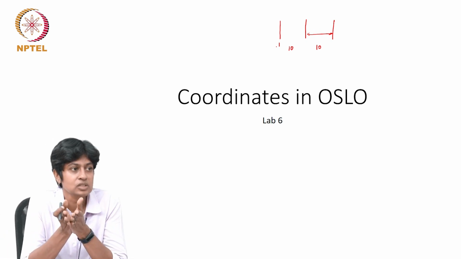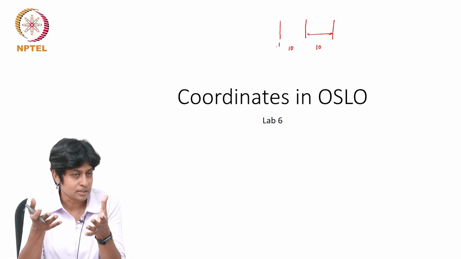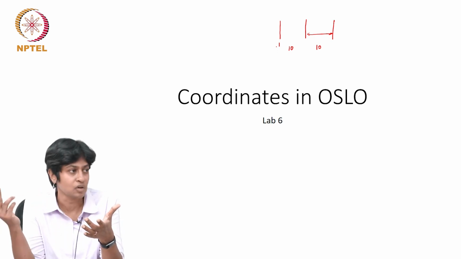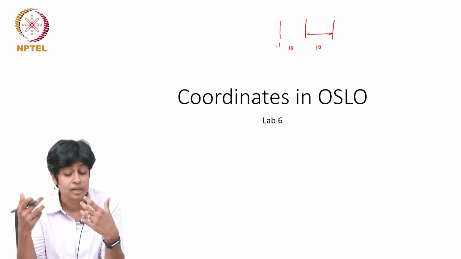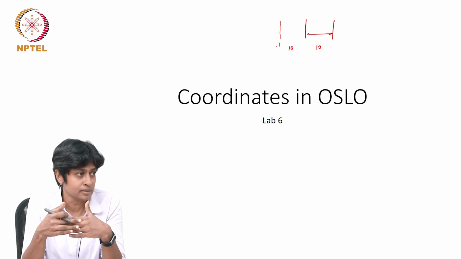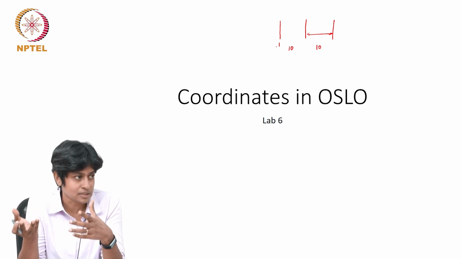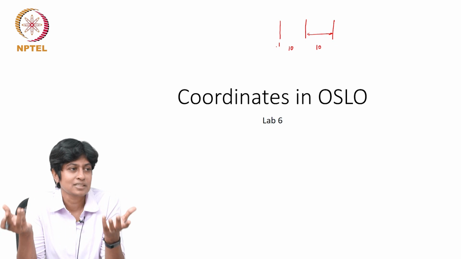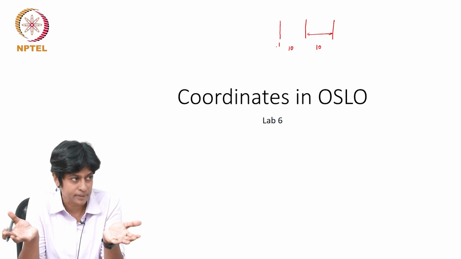Now, this works for many optical systems, since many optical systems will have one single linear optical axis. But if you have a system which has a mirror in it, and the mirror tilts the light, of course, the entire optical axis of the system is going to change. That's one thing.